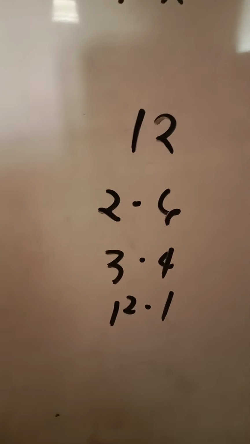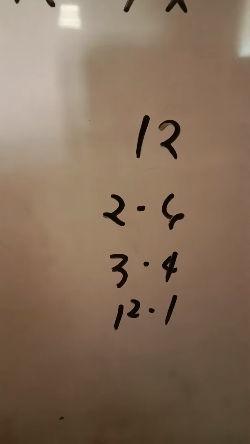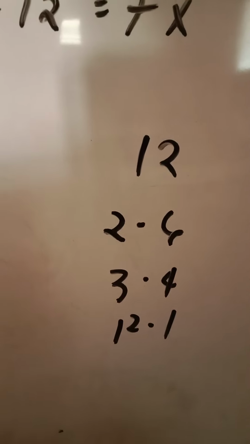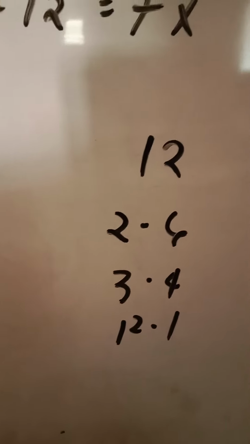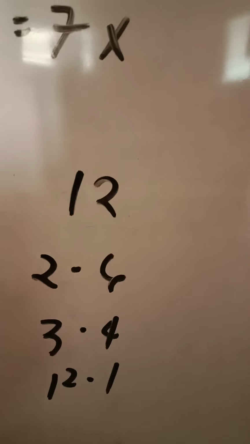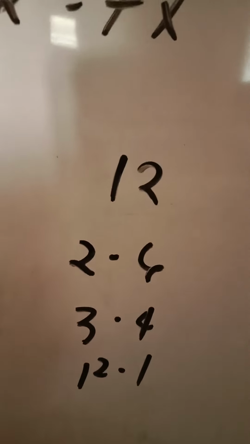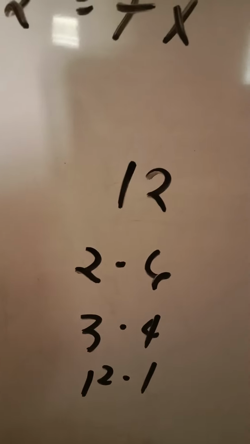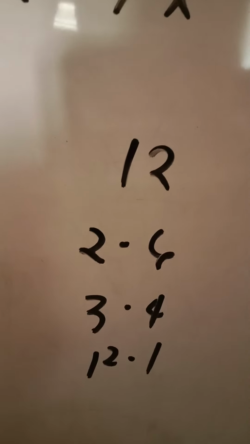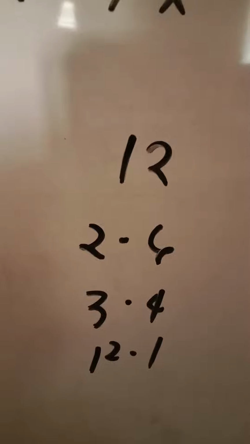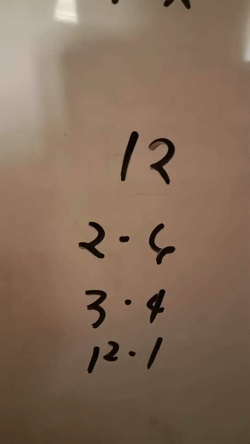All you have to do is choose the factors which, if you add them, the result is the second term, which is 7. So which of these factors add up to 7? We have 2 and 6, which is 8; 12 and 1, which is 13; and 3 and 4, which is 7.